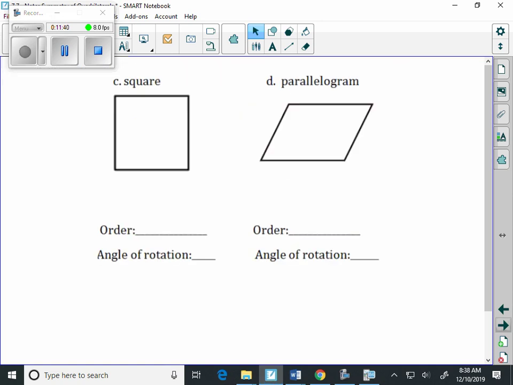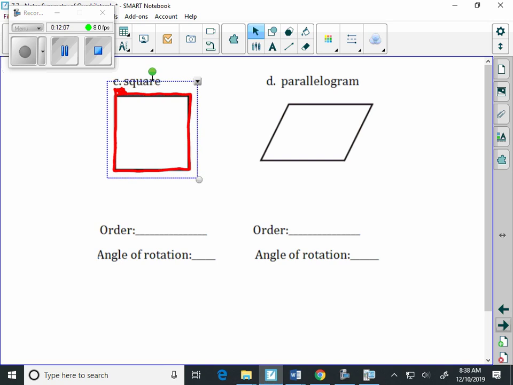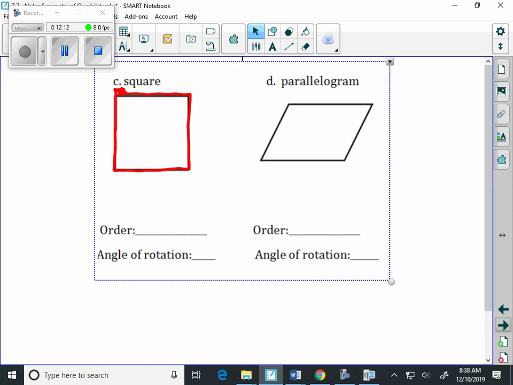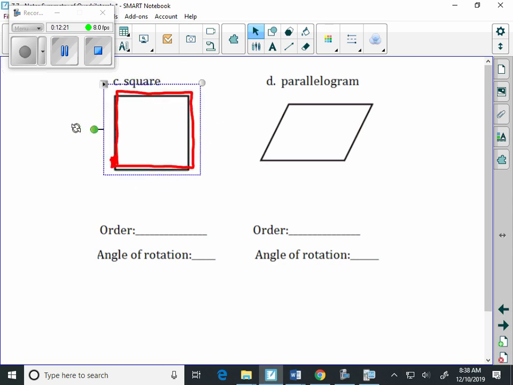On the square, I don't know what will happen here with my picture, but as we try to turn this, as we turn, we landed on it.